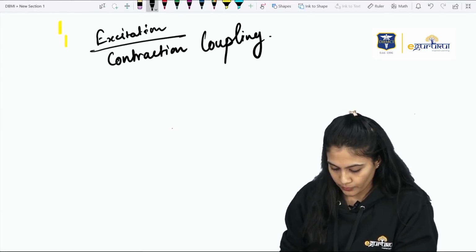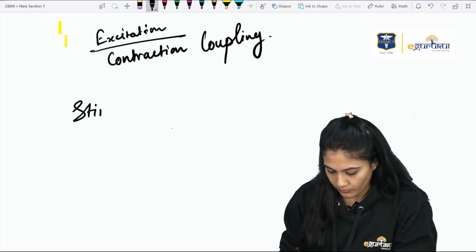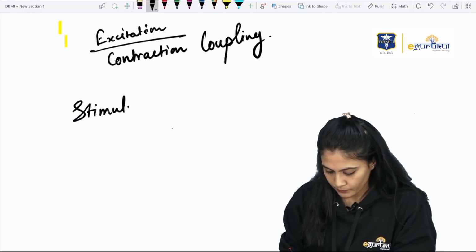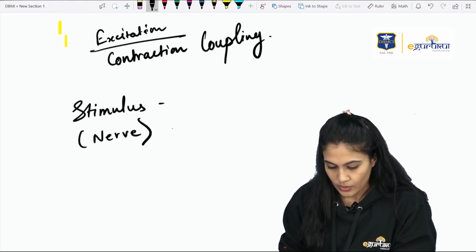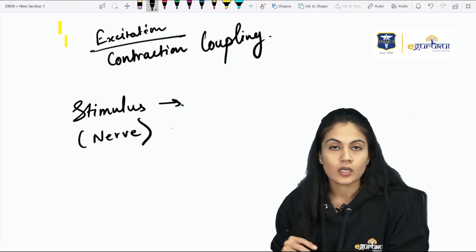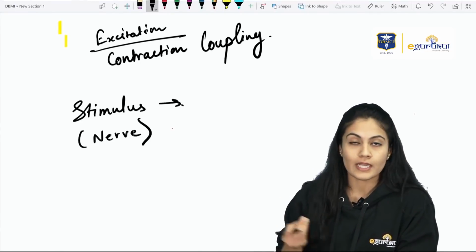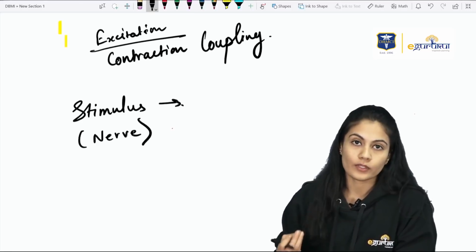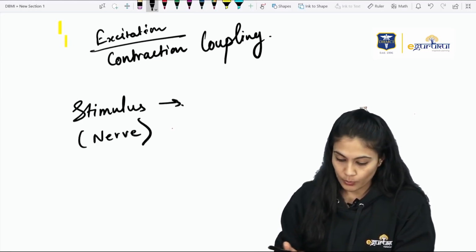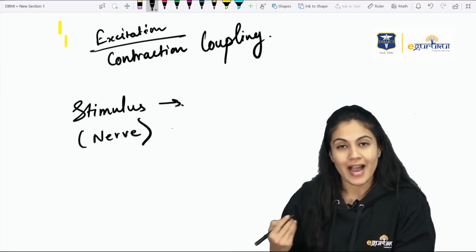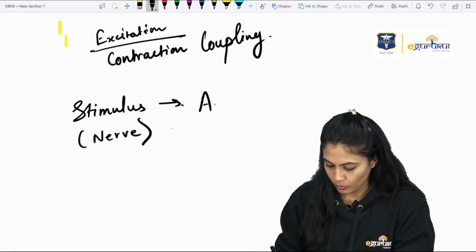First thing, excitation. Once the nerve is stimulated, by any stimulus, any change in the environment, it produces an action potential, via releasing acetylcholine.